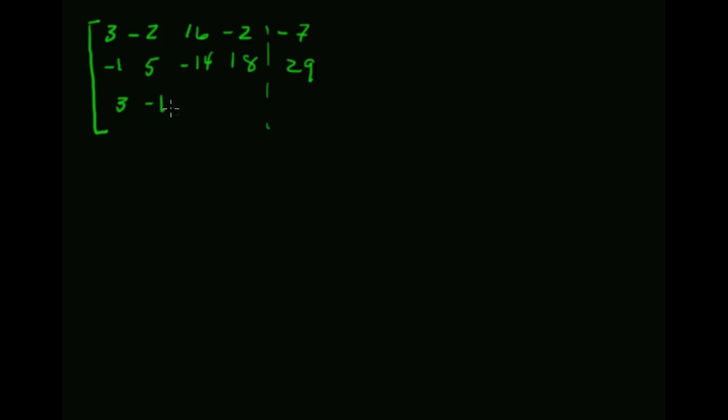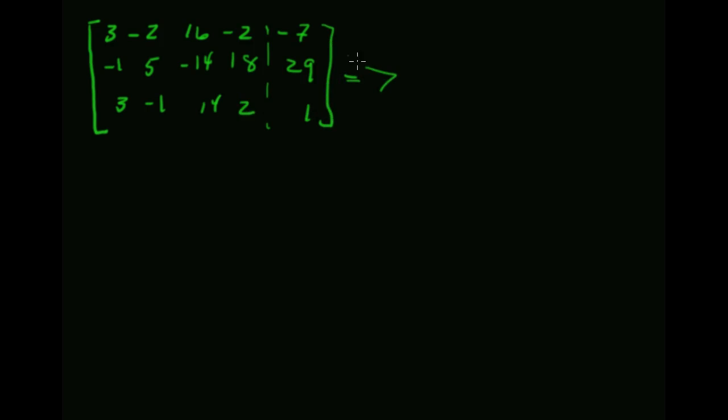Okay, looking at problem number 3, the matrix that I'm going to get here is 3, negative 2, 16, negative 2, negative 7, negative 1, 5, negative 14, 18, 29, 3, negative 1, 14, 2, 1.